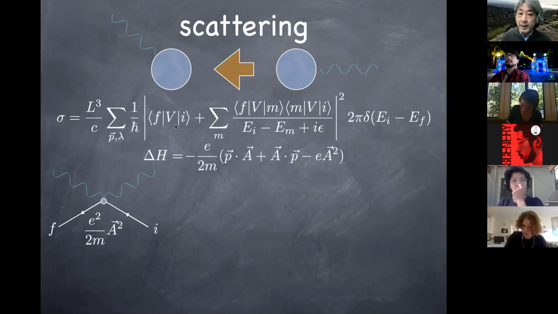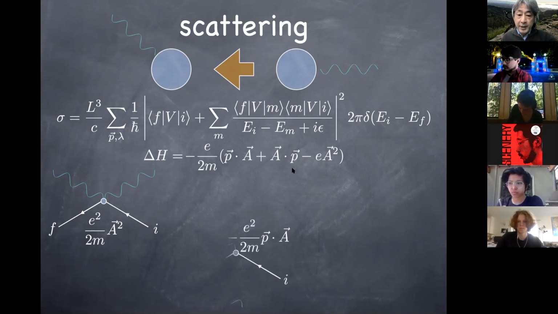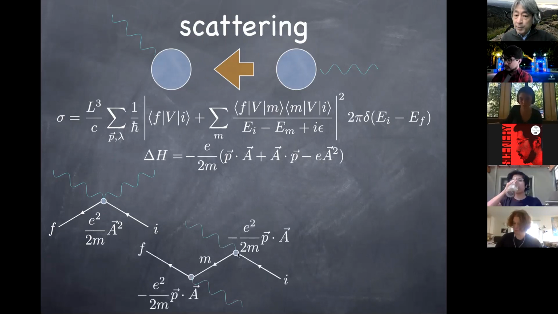And this is first order in perturbation theory because I have one blob in here. But if you go to second order in perturbation theory, you need to put in two blobs for the first matrix element and second matrix element, together with the energy denominator or propagator in between. And we indeed do need to have this. For example, this is one of the processes we need to compute.